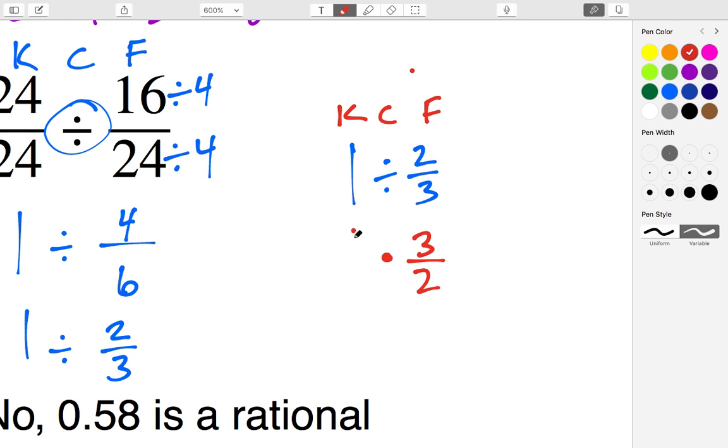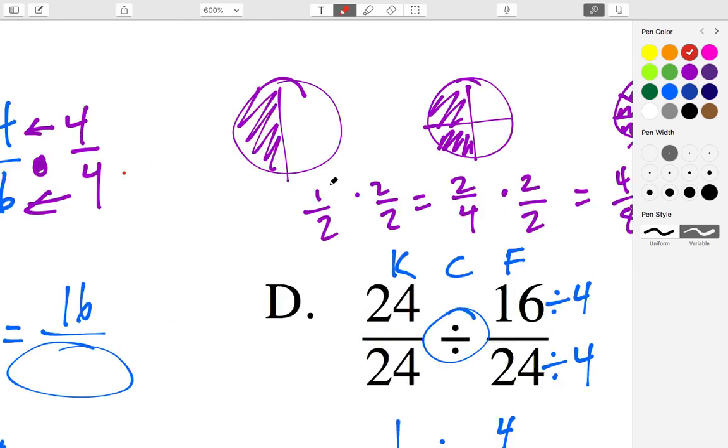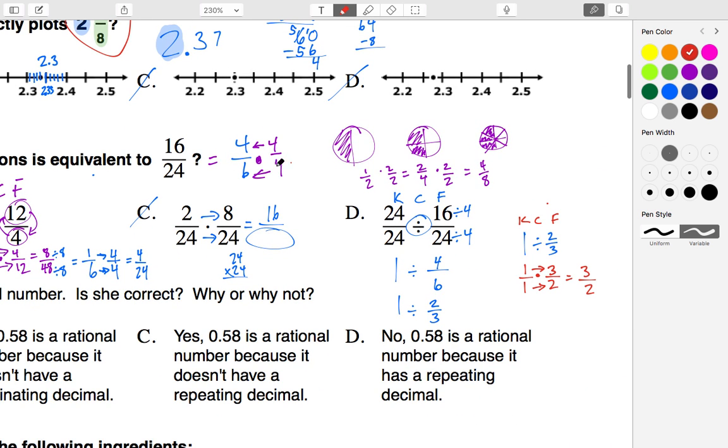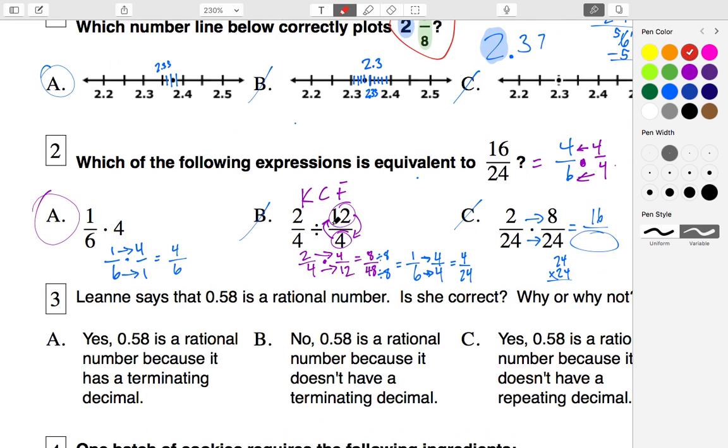So just for looks, that way you know what the numerator is, denominator. Are we good that 1 over 1 is the same as 1? Yes. Okay. What's 1 times 3? What is 1 times 2? 2. Is there anything I can multiply this to get 16 over 24 over here because I'm trying to find the equivalent? No. So is D an answer? No. Your only answer, therefore, is A.